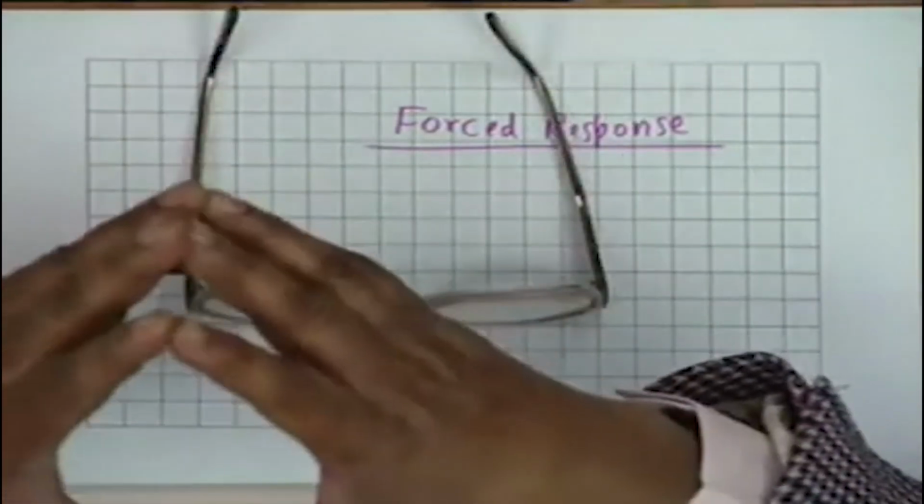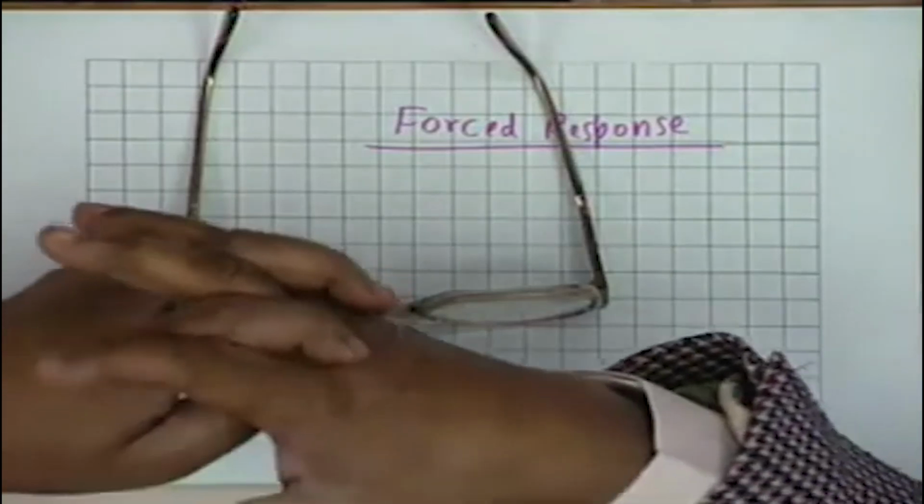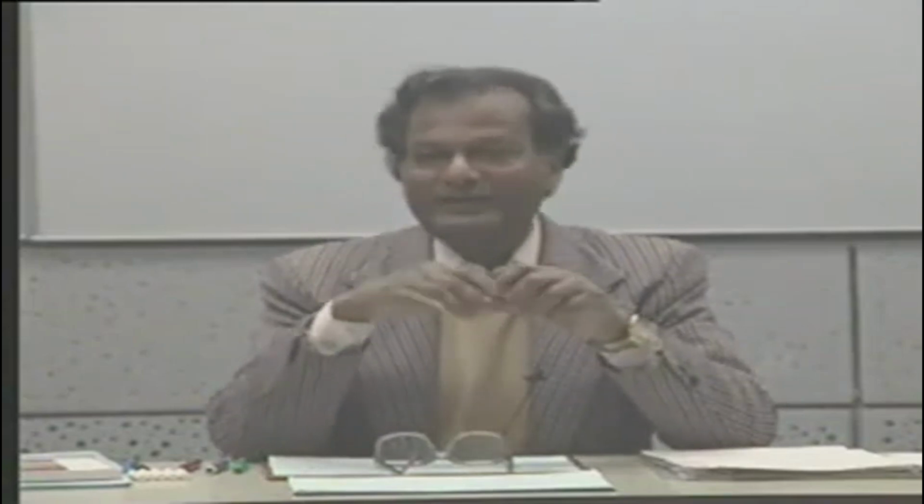That is, we consider a circuit in which there are energy storage elements, where energy is initially stored either in the form of charge on a capacitor or flux in an inductor, and then we cause the excitation or the reason for the initial charge removed, and find out what happens to the currents and voltages in this circuit. This is what we call natural response.